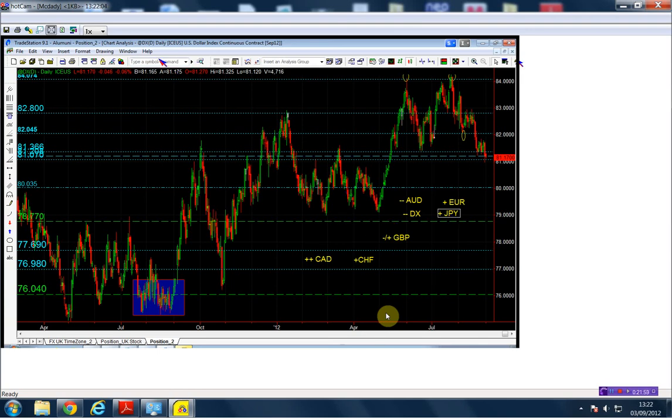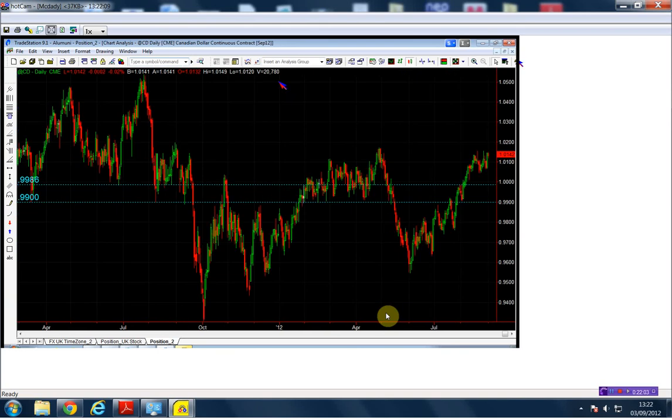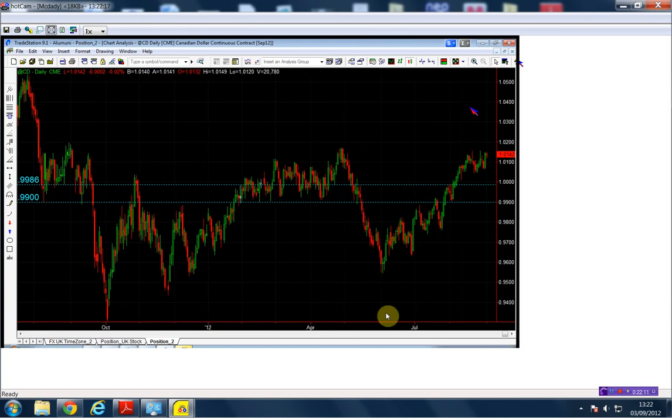The next currency we're going to go to is the Canadian, the CAD, and this is what we have been looking at when I showed you choosing the pairs initially. Why do we do the trade planning session?